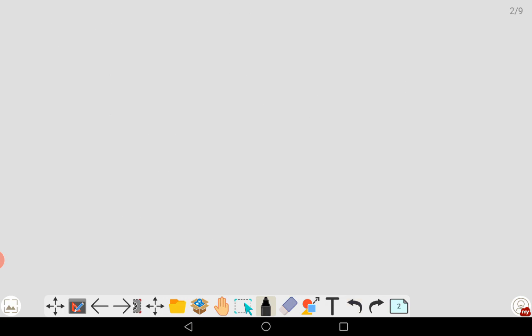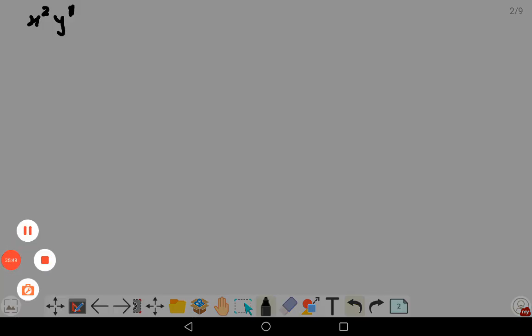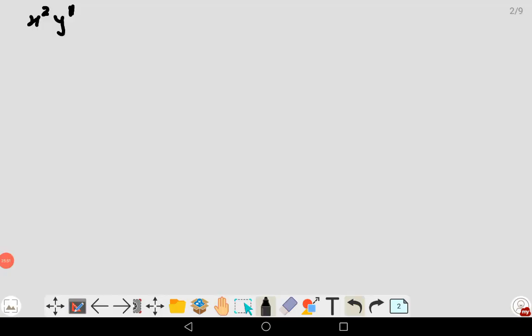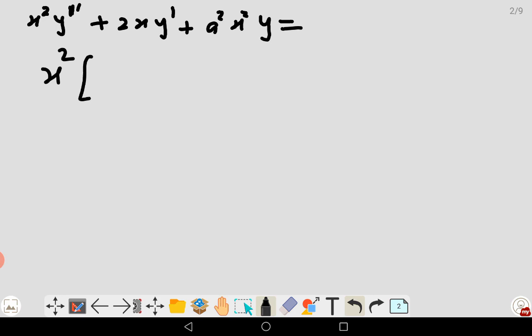So x square times y double prime plus 2x times y prime plus a square x square y is equal to 0. We are writing x square times y double prime. Write down the y double prime.